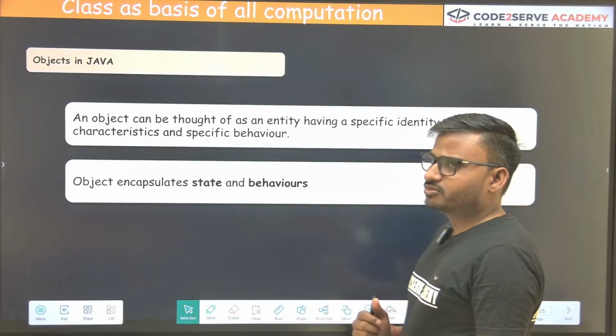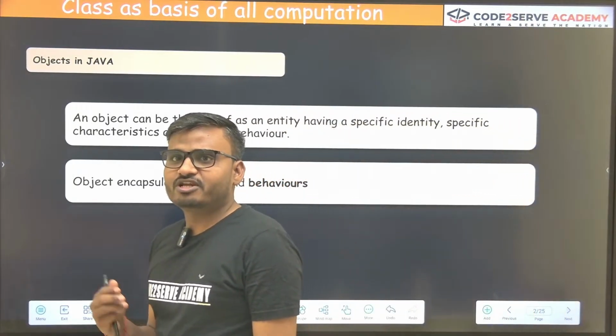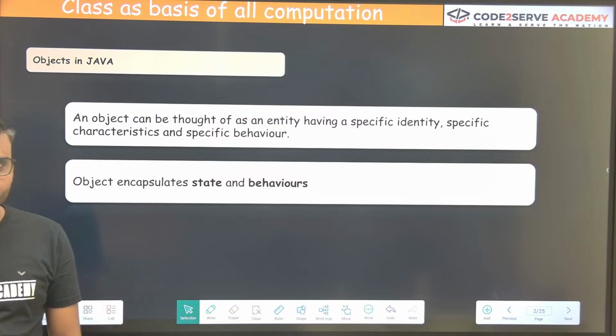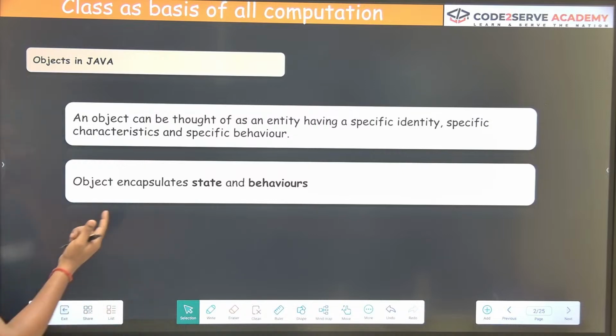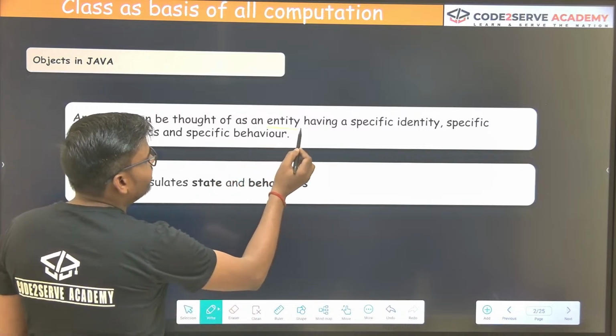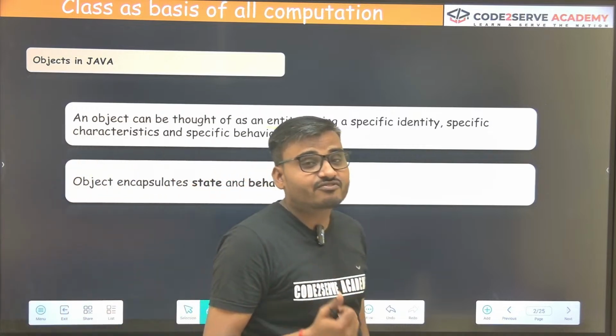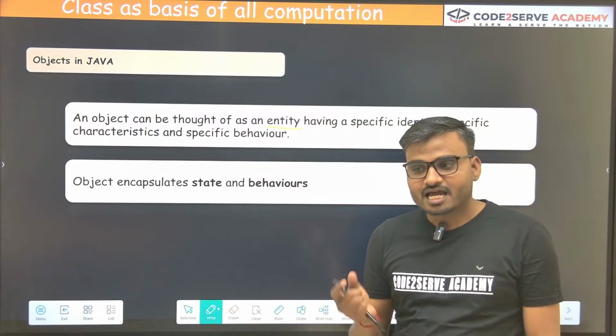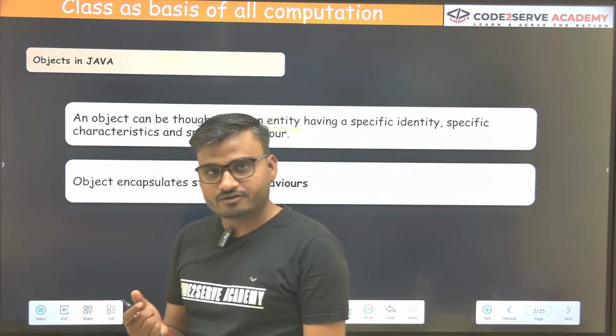So, what is an object? You already know from the previous chapter and even in class 9 that you have learned about the object. So, an object can be thought of as an identity, having a specific identity. That means each object that you are creating has its own identity, right?